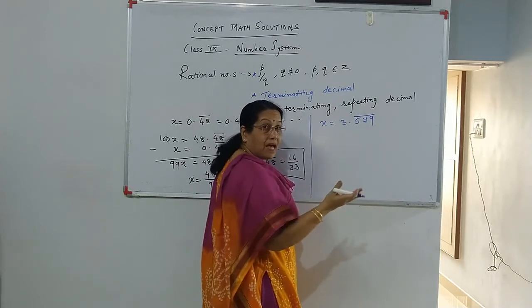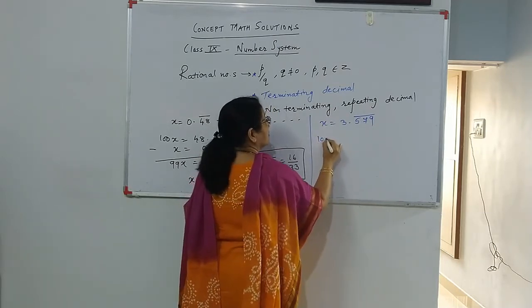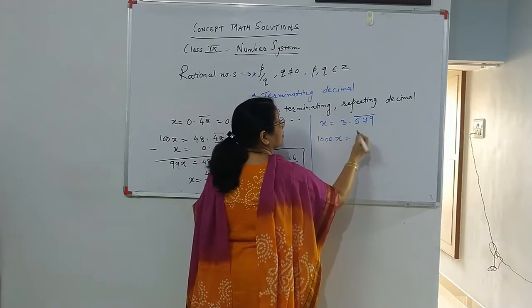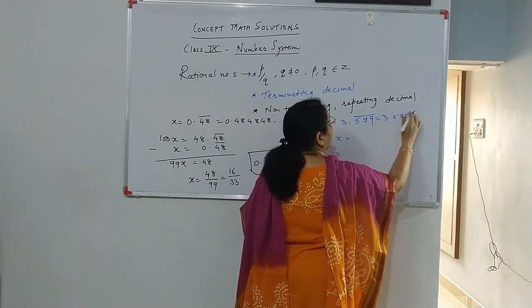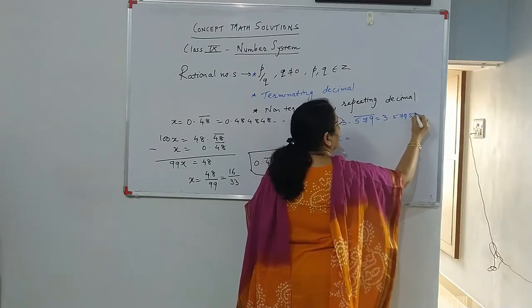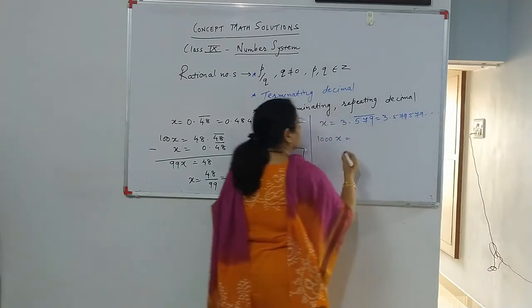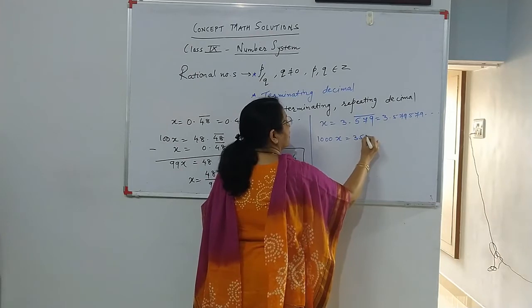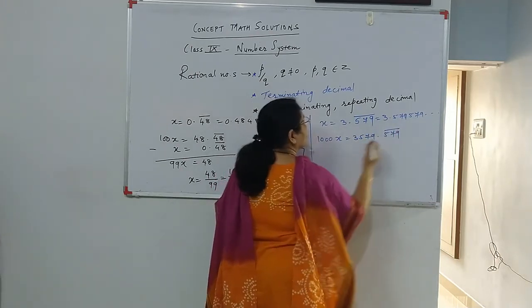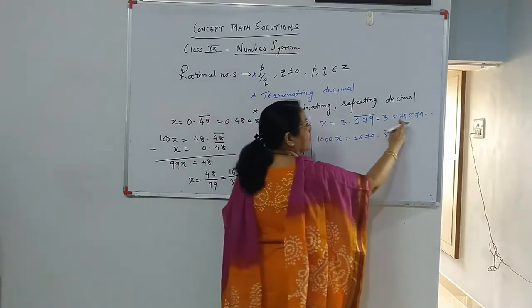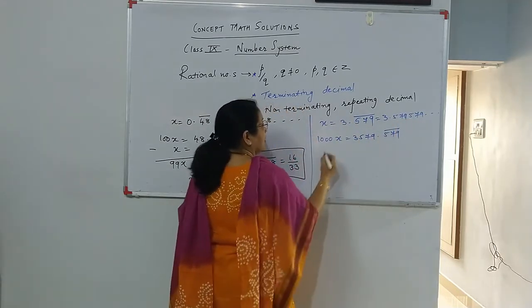So I will multiply by 1000, because 1000 has 3 zeros. And this is 3.579579 and so on. So this would be 3579.579 bar, because when you multiply by 1000, the decimal shifts by 3 places.